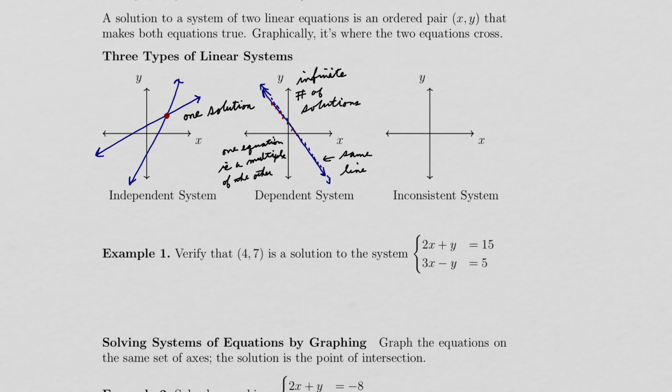Okay, and then the last possibility is that the two lines that represent the two equations are actually parallel. And in that case, if they're parallel lines, then there's no solution. There's nowhere where they intersect. So this would mean that there's no solution.